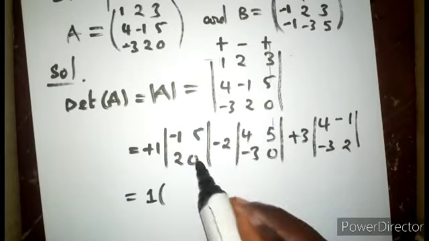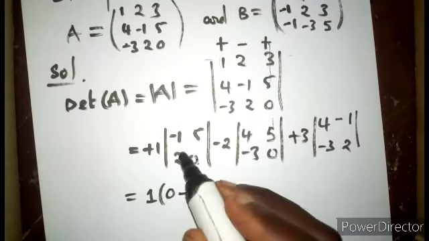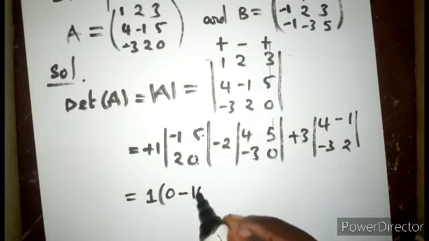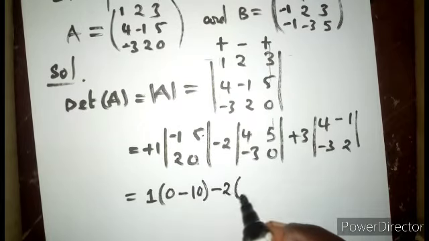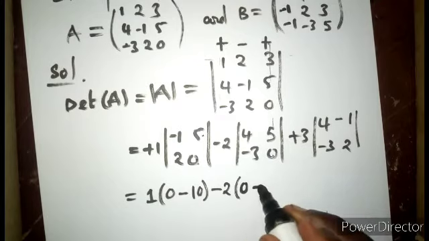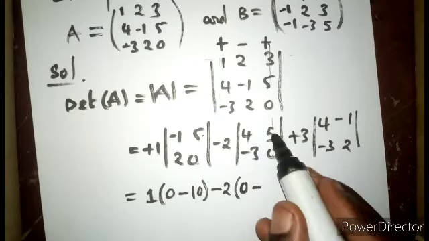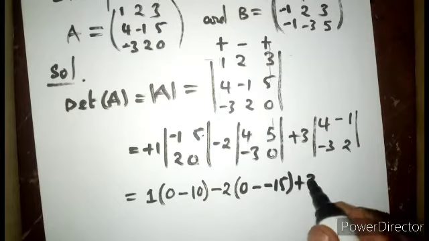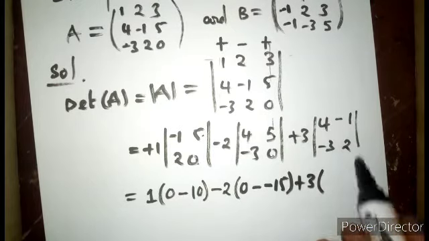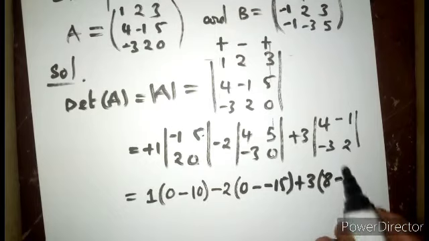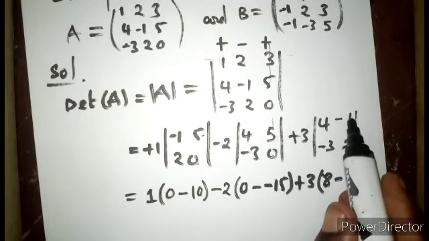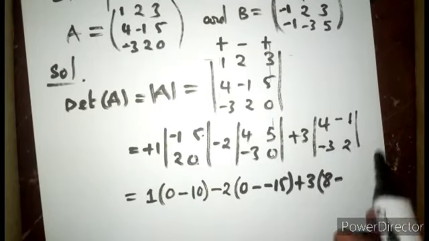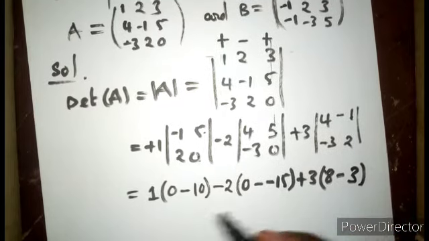This times this, minus 1 times 0 is 0, minus 2 times 5, which is 10, minus 10. 4 times 0 is 0, minus 3 times 5 is minus 15. Plus 3 into 4 times 2, 8, minus 3 times minus 1 is plus 3, so 5.